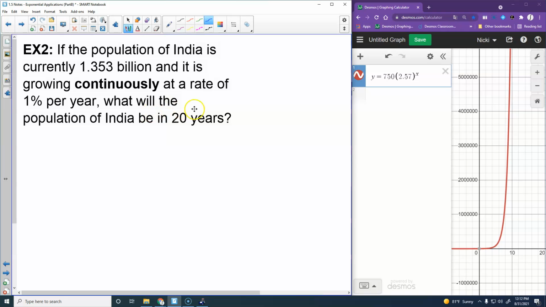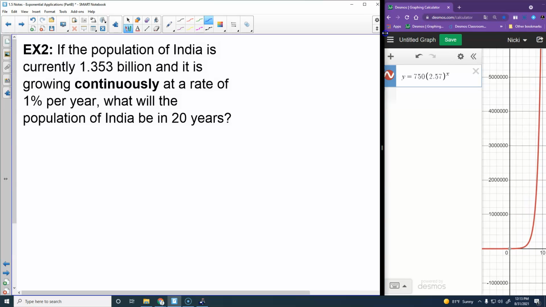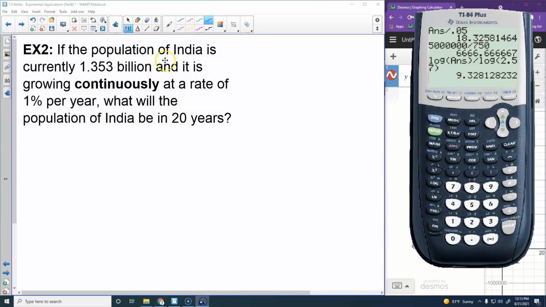So we want to know what the population of India will be in 20 years. I do see that word continuously, so that tells me that I want to use the P e to the RT formula.